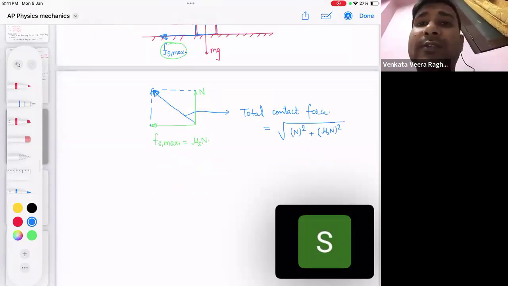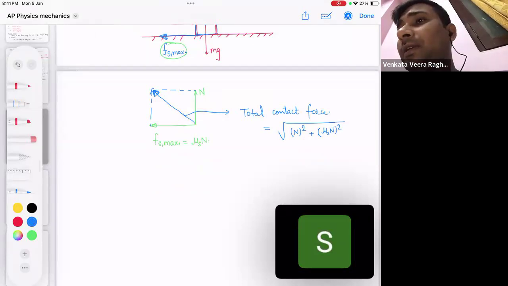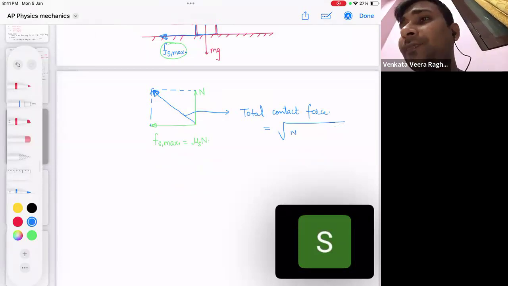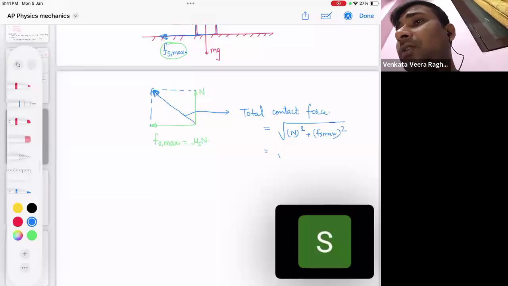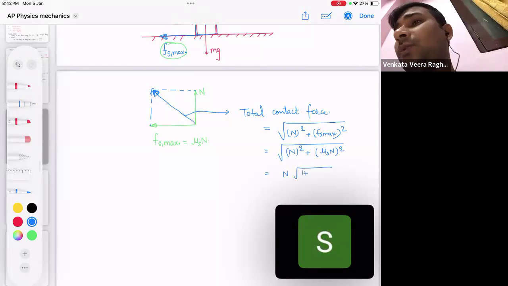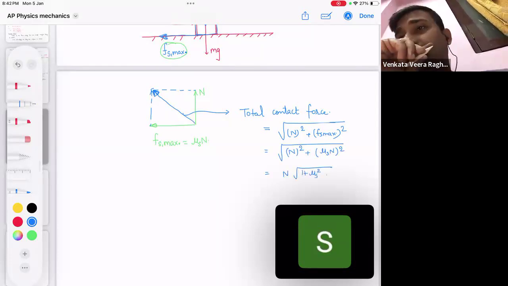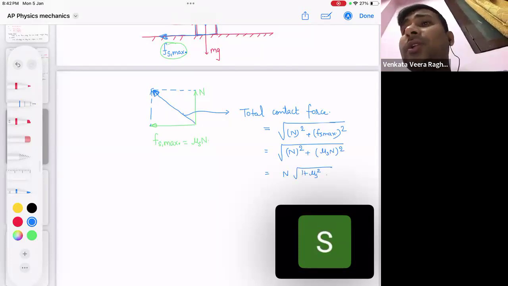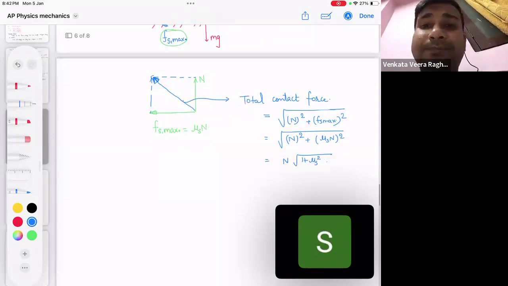Total contact force or resultant force is going to be the square root of N square plus Fs max square, right? And Fs max is also equal to mu s into N. So normal square plus mu s into N square, isn't it? We can get the resultant as N into root of 1 plus mu s square. We got the total contact force.